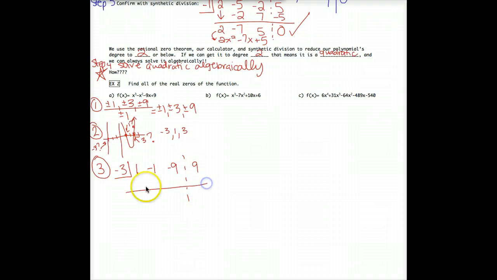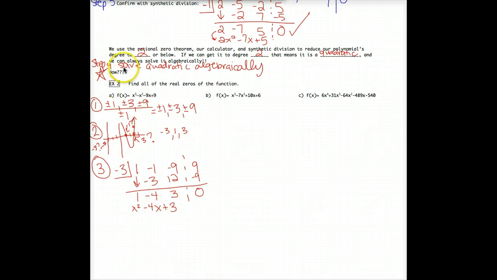Draw your verticals and horizontals and start your synthetic division. Box times bottom, add the column. Box times bottom, add the column. Box times bottom, add the column. Remember that this represents x squared minus 4x plus 3.